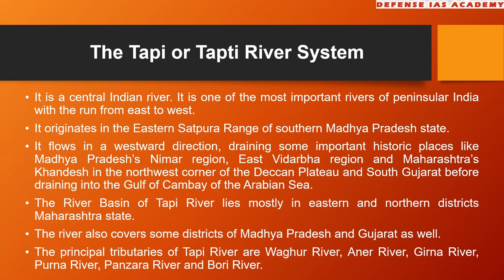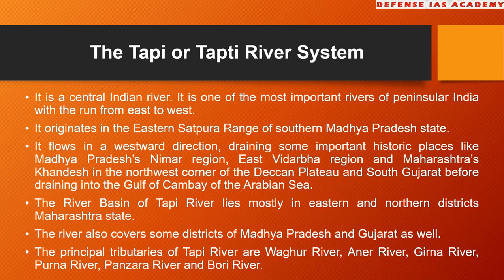It originates in the eastern Satpura range of southern Madhya Pradesh state, and it flows in the westward direction, draining some important historic places like the Nimar region of Madhya Pradesh, then the East Vidarbha region, then the Maharashtra Khandesh in the northwest corner of the Deccan Plateau, and South Gujarat before draining into the Gulf of Khambhat of the Arabian Sea.